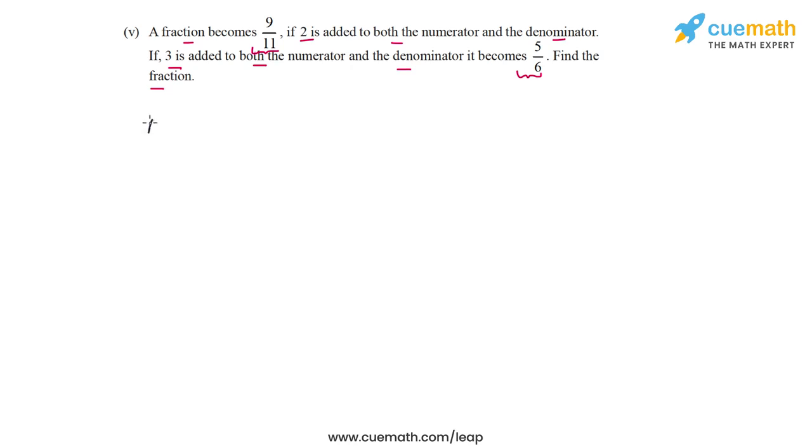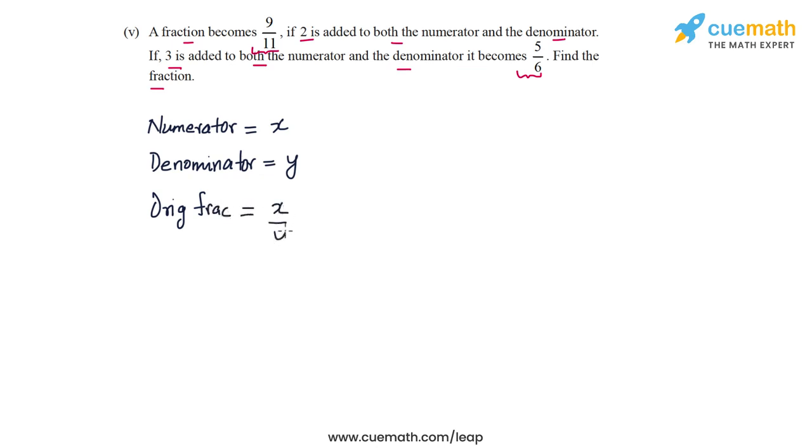So let's assume that the numerator is equal to some integer x, and the denominator is equal to some integer y. Which means that the original fraction is x by y. Now if 2 is added to both the numerator and the denominator, what do we get?